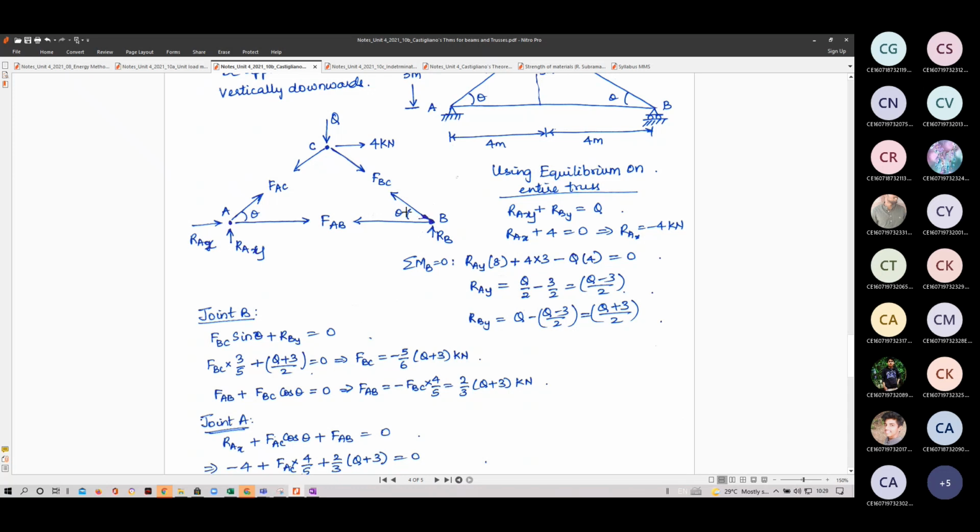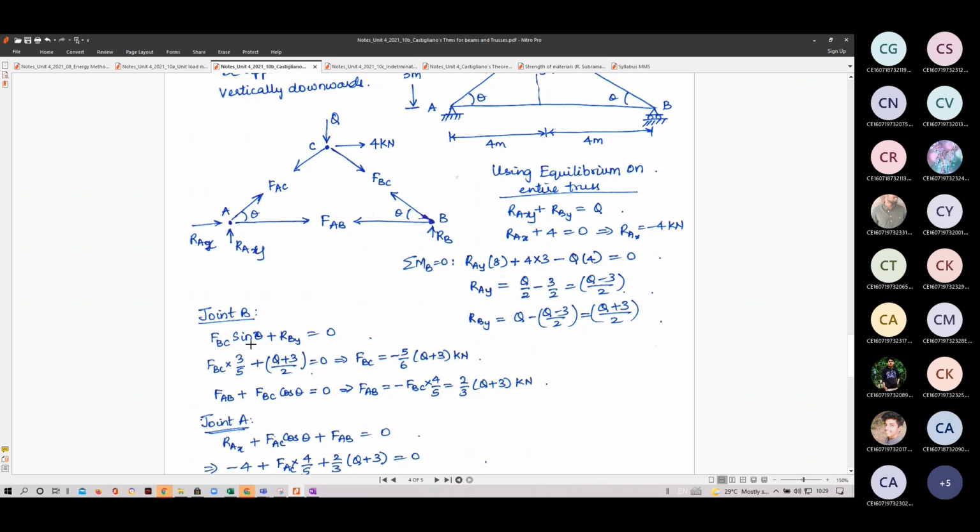Now this is theta. Along this F_AB, the component of F_BC will be F_BC cos theta, but I want vertical, so F_BC sin theta. So F_BC sin theta plus R_B will be equal to 0, because at B, the sum of the vertical forces equal to 0.